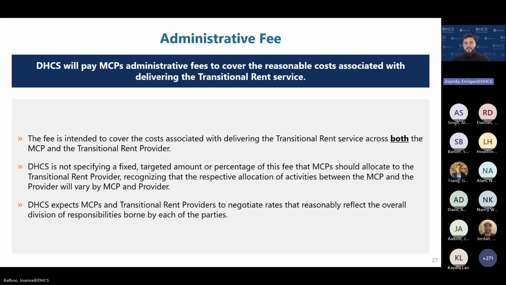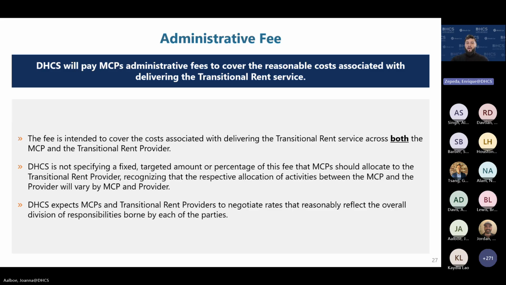So now we'll discuss more details about the administrative fee component of the transitional rent payment. The administrative fee is meant to cover the reasonable costs associated with delivering transitional rent across the MCP and the transitional rent provider.